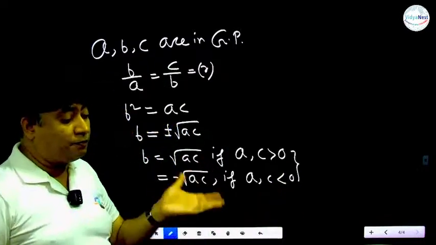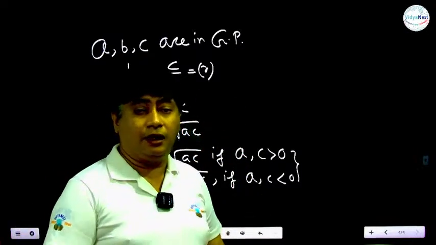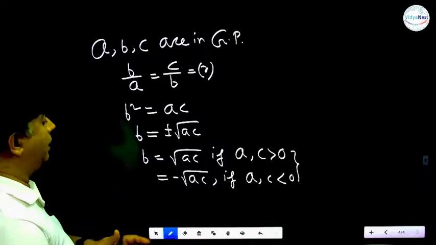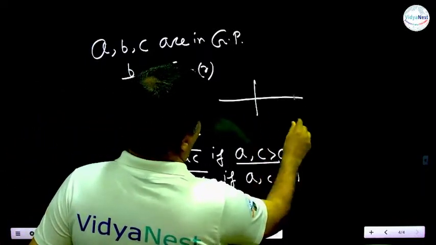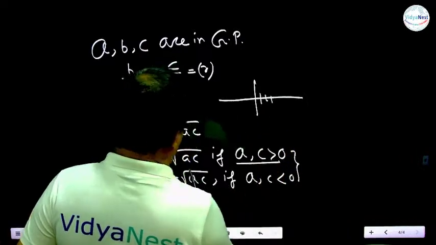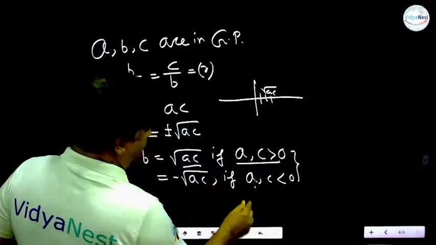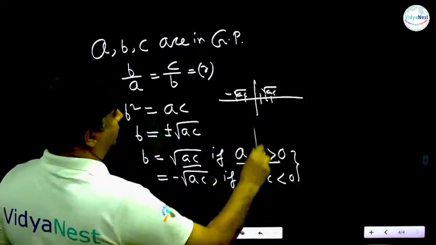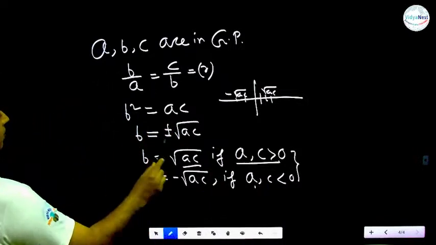If one positive, one negative, then we cannot find the geometric mean of those type of numbers. Okay. If you get both the numbers positive, so in real number system in positive direction I will get root AC. But if both are negative, then obviously in negative side I will get minus root AC. So this is called geometric mean.